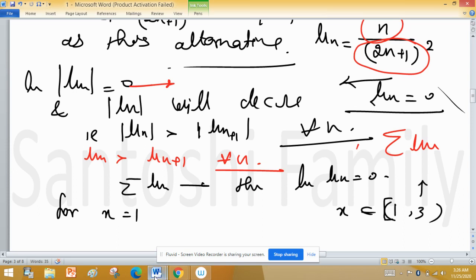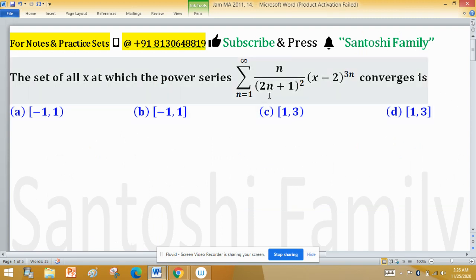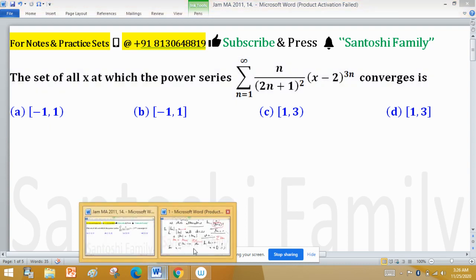So put x equal to 3 in the given power series. Then x minus 2 becomes 3 minus 2, which is 1, and 1 raised to the power 3n is 1 whatever the n. So n upon (2n plus 1) square will be our new series.